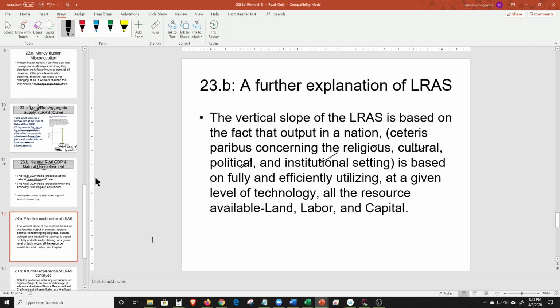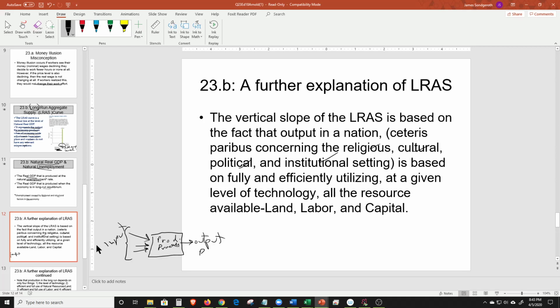I don't know if I can do this little graphic, but we had the production process here. We had the inputs like land, labor, and capital here, and the output here.